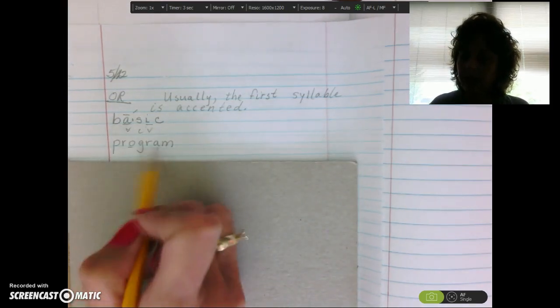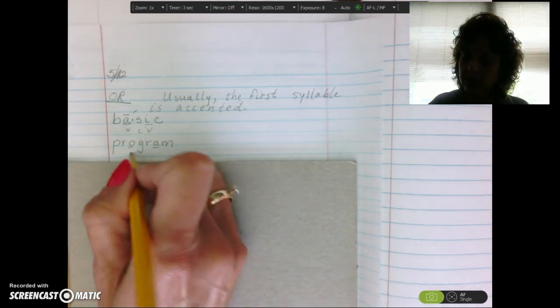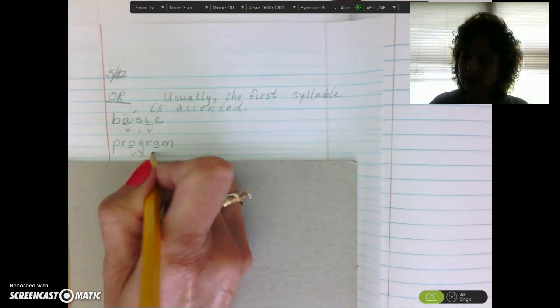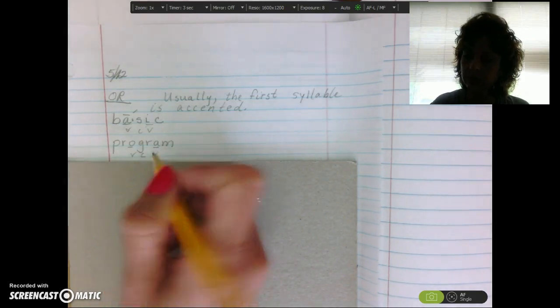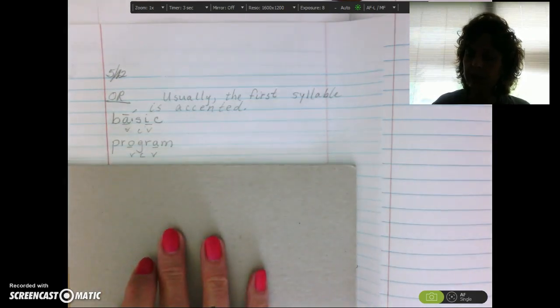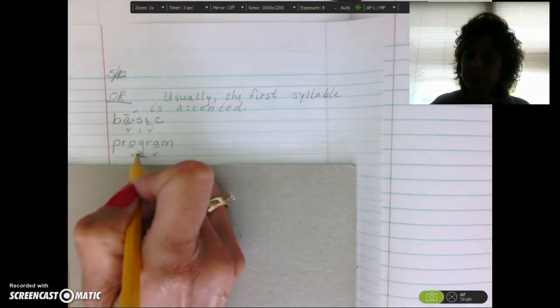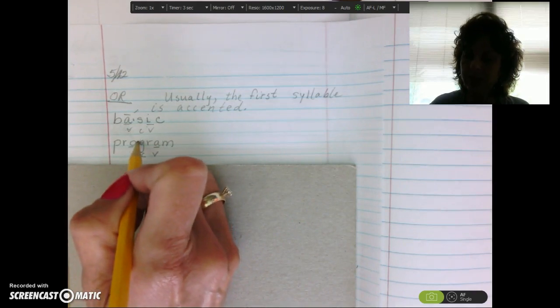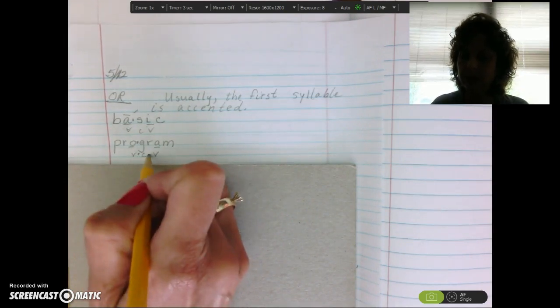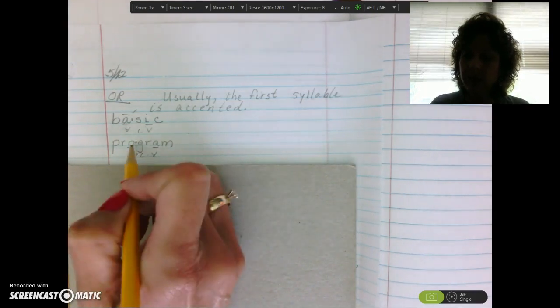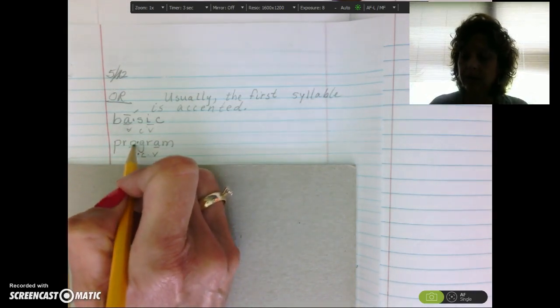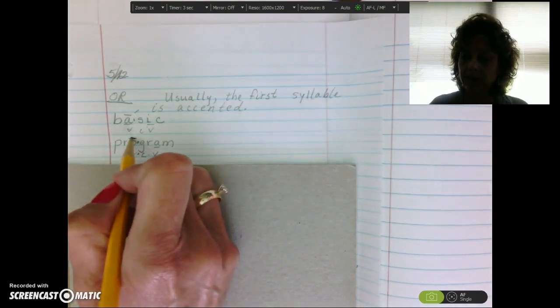All right, let's look at the next word. Again, we're going to underline our vowels, put the code underneath. GR is a blend, so it counts as one consonant. Where are we going to divide it? Our first syllable division choice is here. If this doesn't make sense, then we could also try over here. Because we divide it here, this O says its name, it's long.